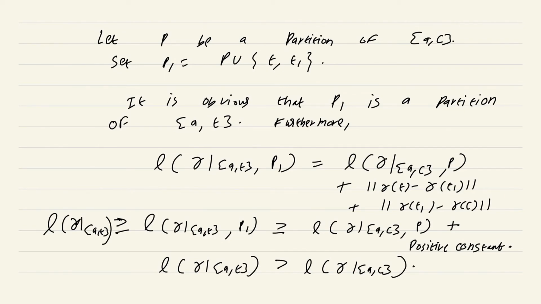So the net upshot is s of t is greater than s of c. This concludes the second part, that the arc length is strictly increasing if gamma is non-constant on any non-singleton interval. Now the final and most challenging part is to show continuity.